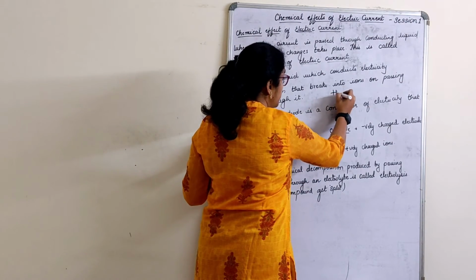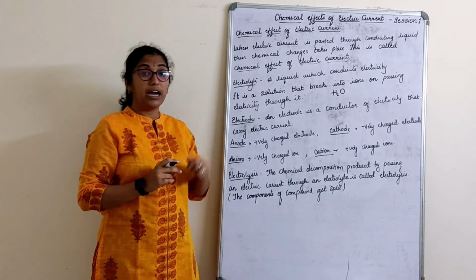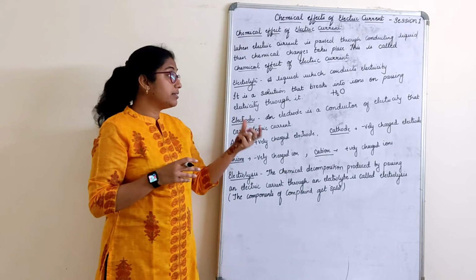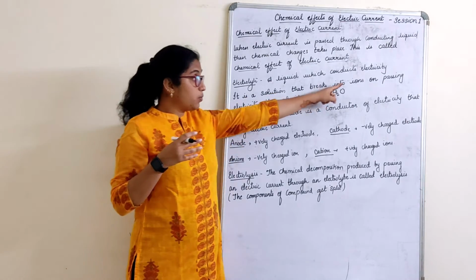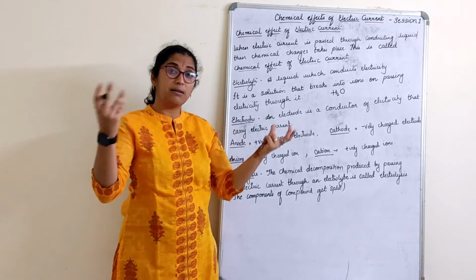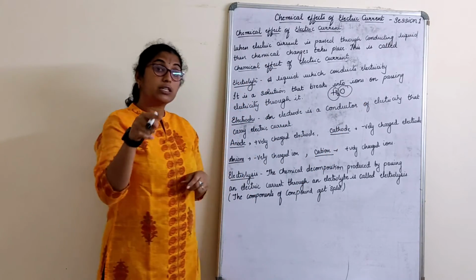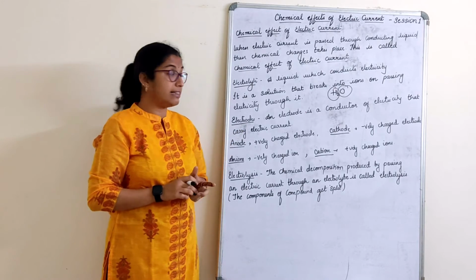Basically you don't study much: 2 atoms of hydrogen and one of oxygen. So during this process, when electricity is passed through a liquid, that is water, it decomposes into hydrogen and oxygen. You study this as an experiment, a very important concept in standard 10.